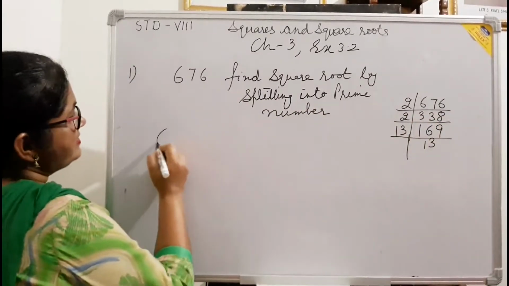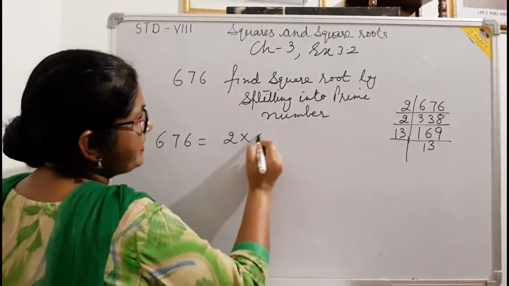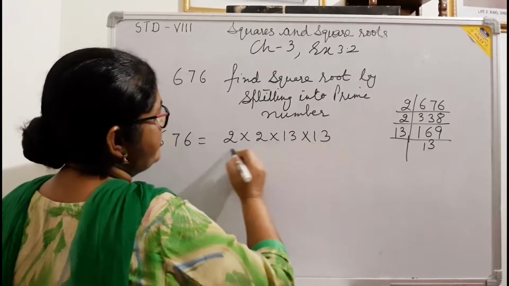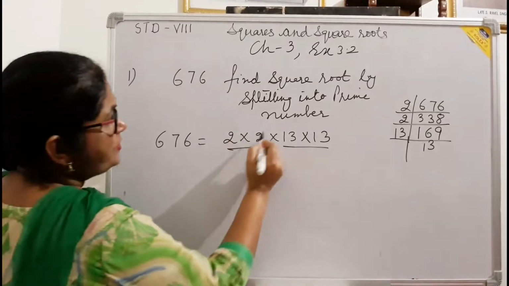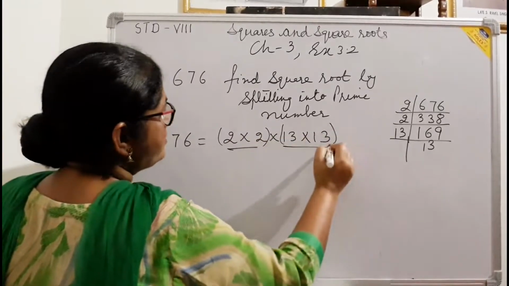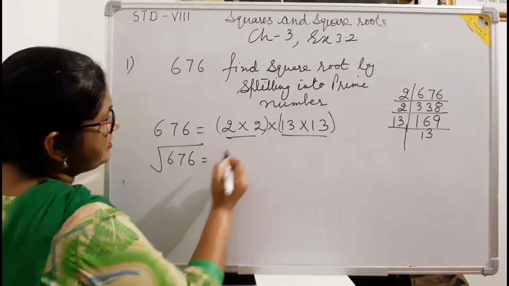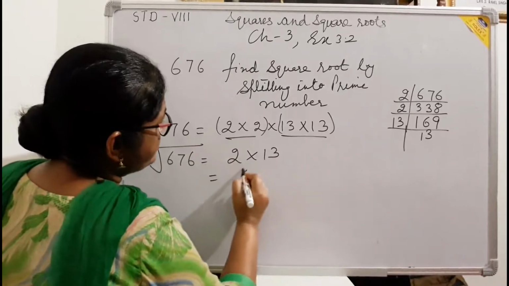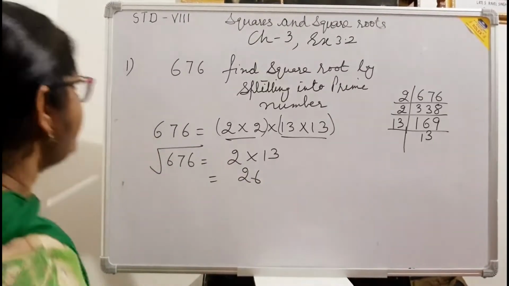Means 676 is equal to 2 multiply 2 multiply 13 multiply 13. Means 2 is in pairs and 13 also in pairs. So the square root of 676 is 2 multiply 13, which is equal to 26. Yes, this is the first sum.